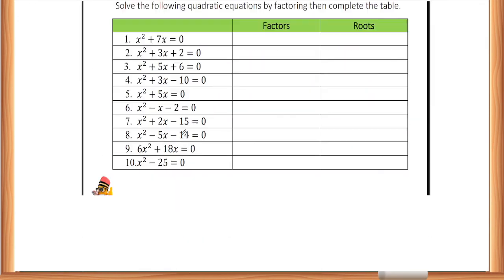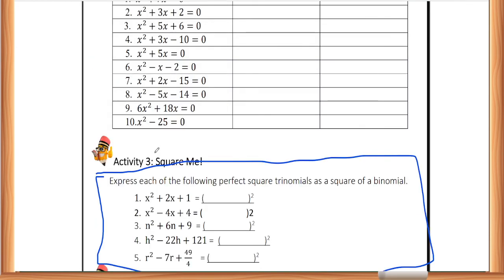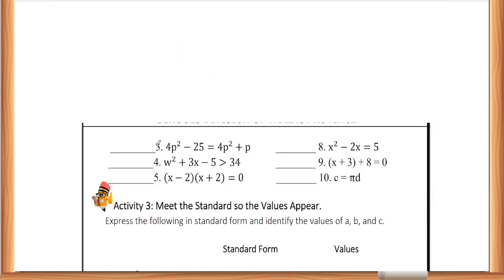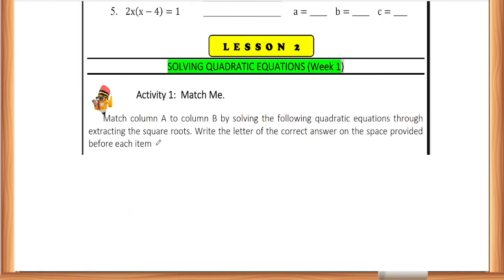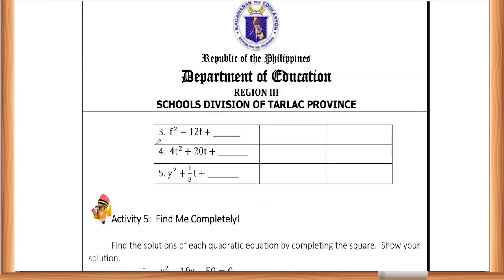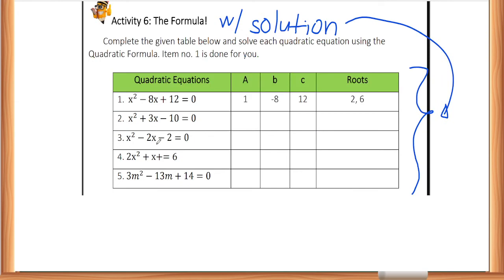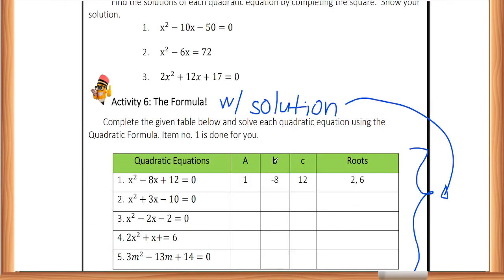Tignan nyo kung kompleto na kayo, no? Basta from page 4 to page 7. Ito hindi pa natin to gagawin, yung sa discriminant. We're going to discuss this next week.